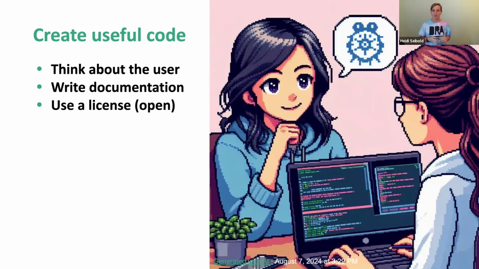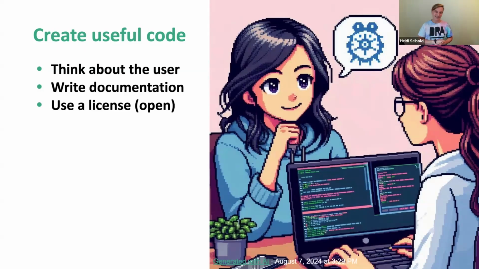Then the second point ties really well into that, which is write documentation, right? Obviously, if we want code to be useful and if we want people to understand what's going on, we need to write documentation, because almost no code is self-explanatory. If it's self-explanatory, it's usually very, very simple. And even then, maybe we think it's simple now, but we might not think the same about it in 6 months, when we've forgotten half of the project already.